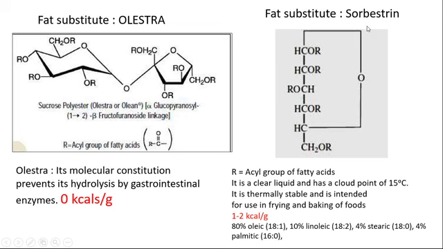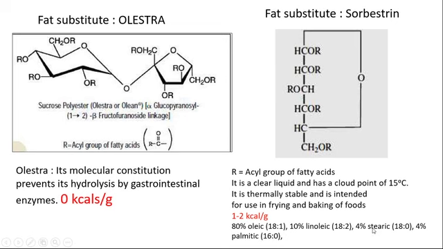You have another carbohydrate based fat substitute. The backbone is sorbitol, where the hydroxyl groups of sorbitol are all esterified with fatty acids, and this is a clear liquid. It can be used for frying and baking, but however, unlike olestra, which is 0 kilocalories per gram, this gives you about 1 to 2 kilocalories per gram, and it contains oleic acid, linoleic acid, and stearic acid.